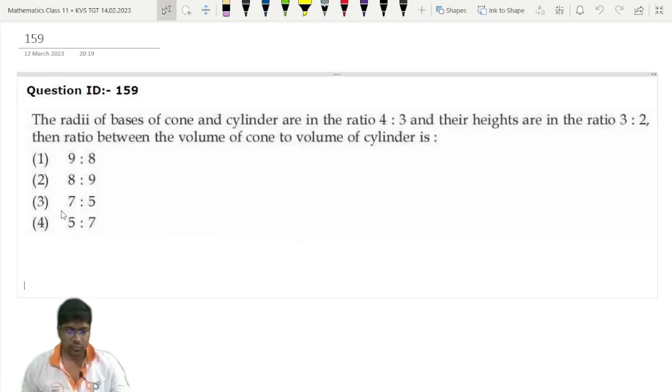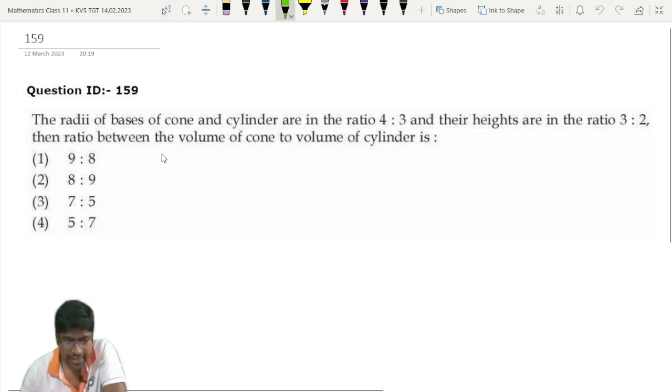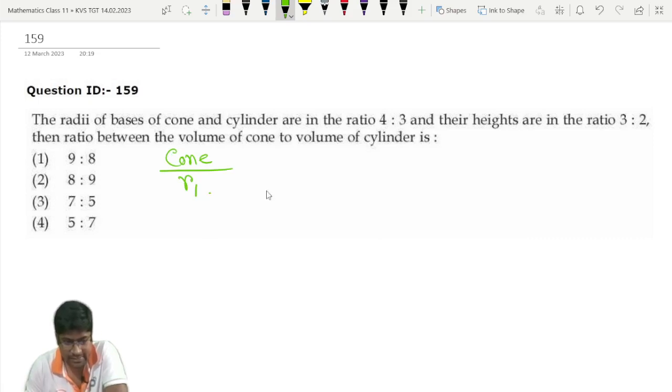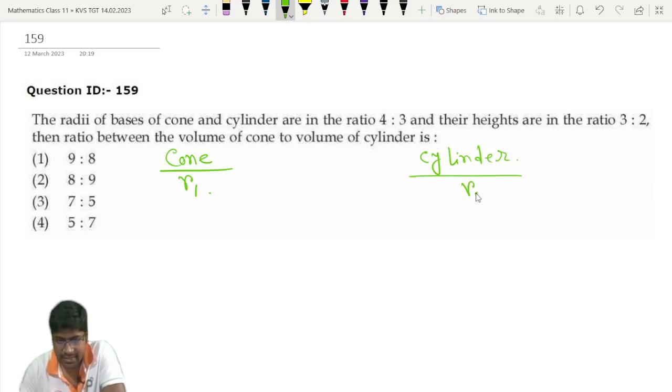So now let's move to question number 159. The radii of bases of cone and cylinder are in the ratio 4:3. Okay, so for the cone I am taking radius as r1, and for the cylinder the radius I am taking r2.